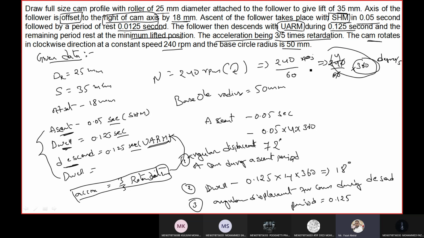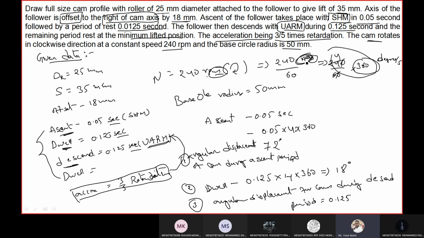So why did we do that, sir? Because here RPM means revolutions, we are describing the revolutions of the cam per minute. If you explain in terms of seconds, you described revolutions per second here. Now this one is the revolutions, in terms of revolution, meaning circular motion.